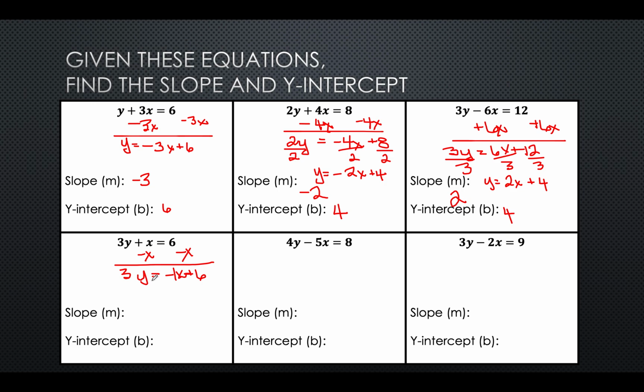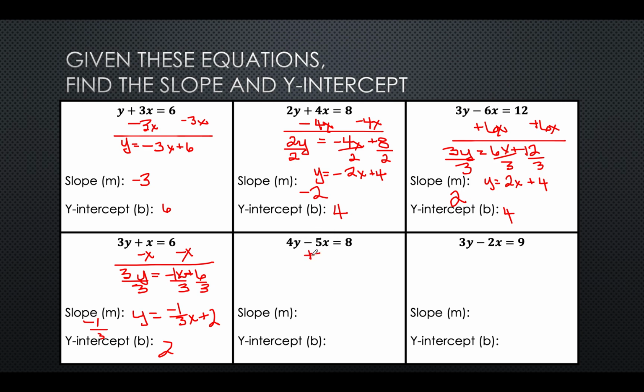And then we get rid of the 3 coefficient by dividing each term. So we have y equals -1/3 x plus 2, and so the slope is -1/3, and the y-intercept is 2.